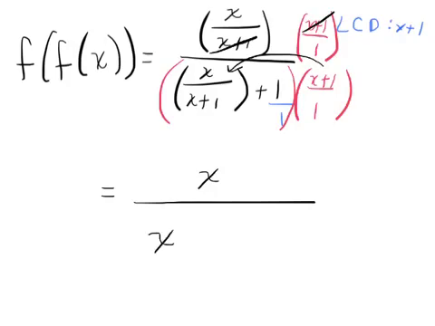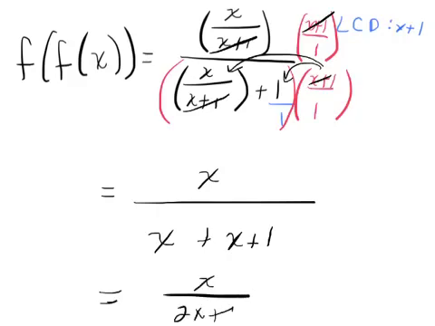But what's left behind over here? Kate? Yeah, x plus 1, because this x plus 1 needs to get distributed here also, and there's nothing to cancel with it. So you're left with another x plus 1, yielding a final answer of x over 2x plus 1.